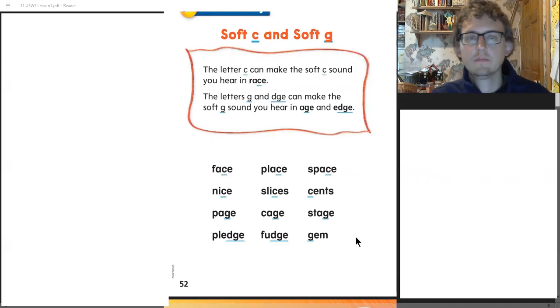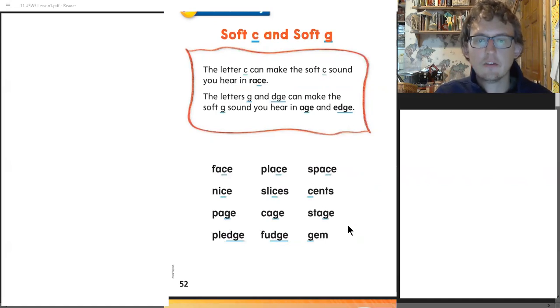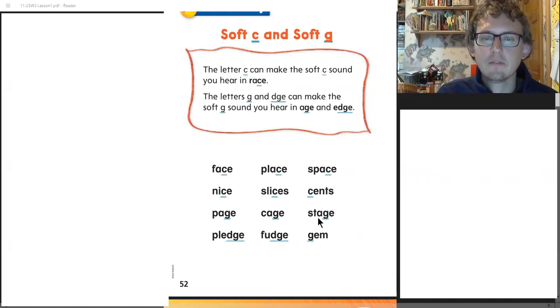Okay? Now, the thing we need to be careful of is if we see a C at the beginning, it could be a K sound, like cage, or it could be an S sound, like sense, okay? So, we just need to make sure when we read the words to pay attention.